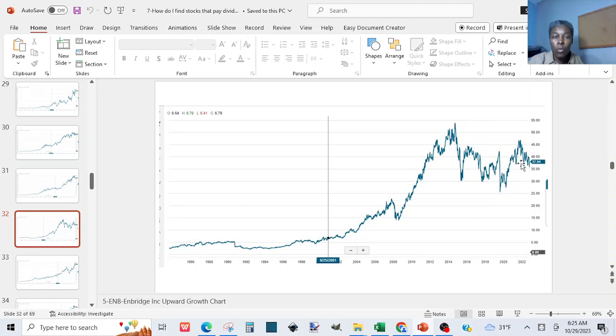But again, if you want to put it under growth and dip, that would be fine. But for me, it is upward because it is really oblique. If I pick this end point and I pick the start point and I try to join both, it will be an oblique line. That's the point. The end point, the price it is selling at now, and the price it was selling at originally.